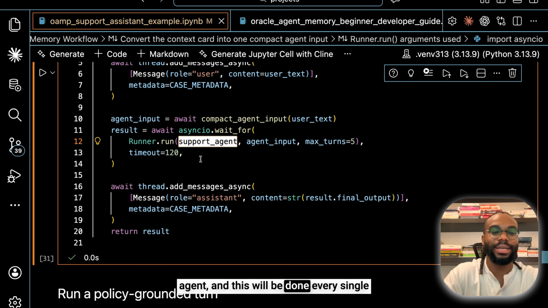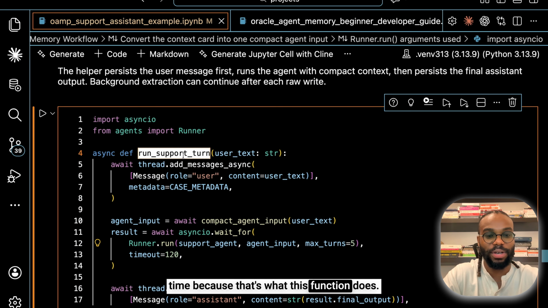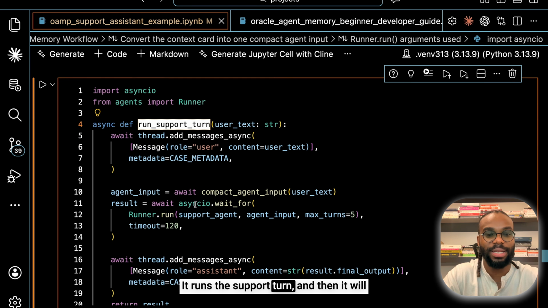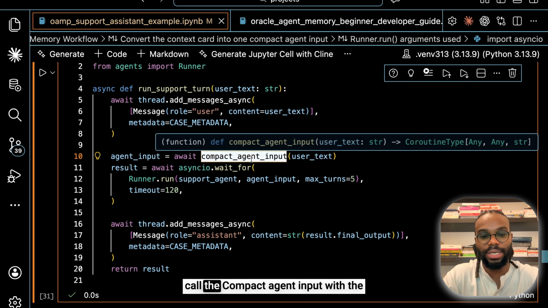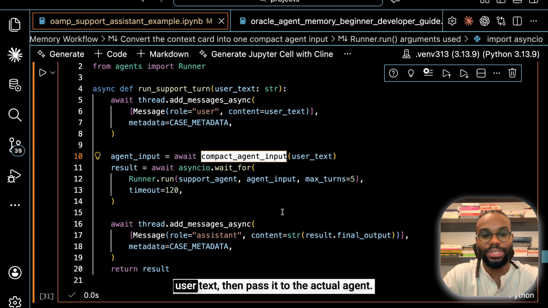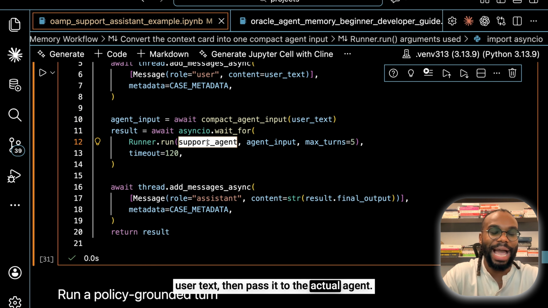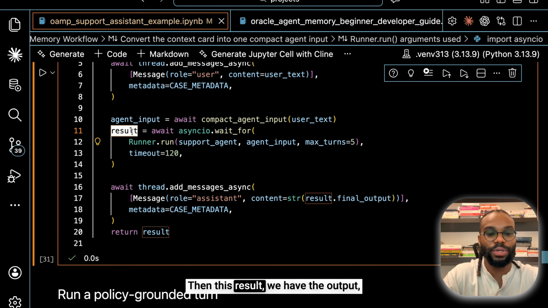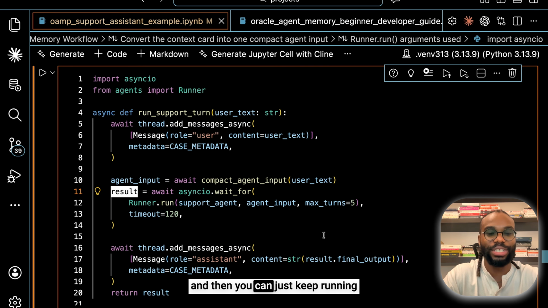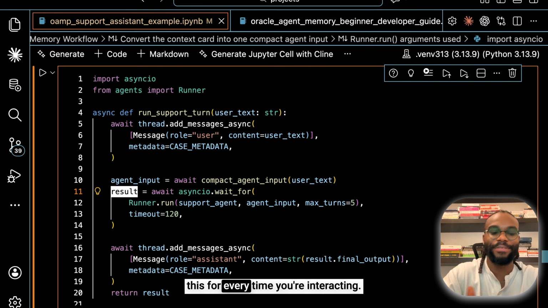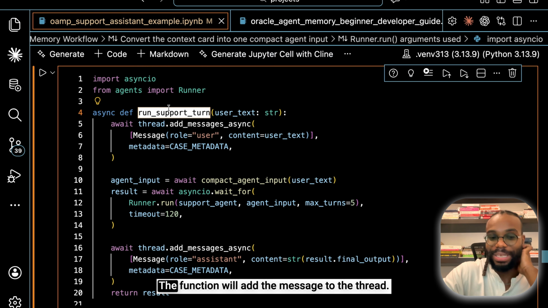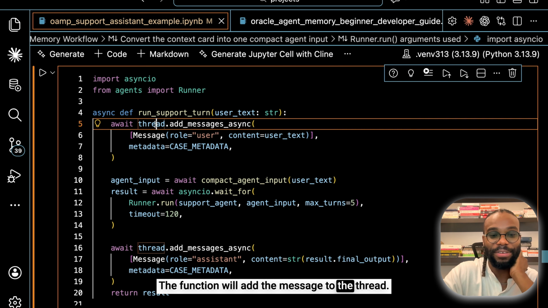And this will be done every single time because that's what this function does. It runs the support turn and then it will call the compact agent input with the user text, then pass it to the actual agent. Then we have the output, and then you can just keep running this every time you're interacting. Every time the user sends a message, we call this function. The function will add the message to the thread.